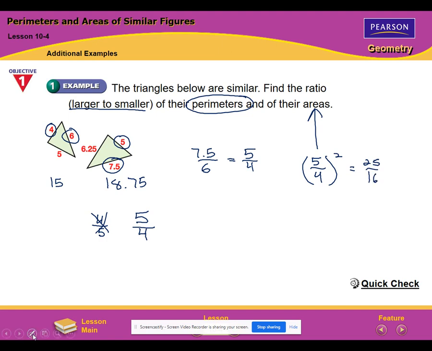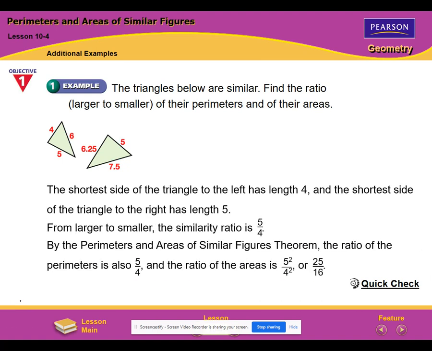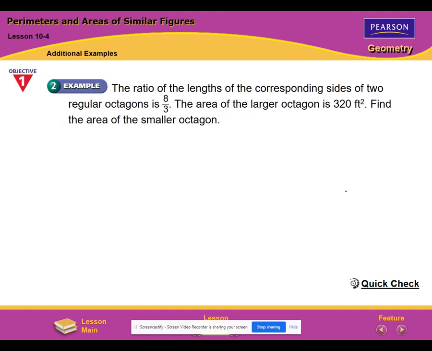Okay, now I kind of made a mess of that slide there, so let me just erase it and show you theirs. 5/4 for the similarity ratio means 5/4 for the perimeters means 25/16, which is 5 squared over 4 squared for their areas.